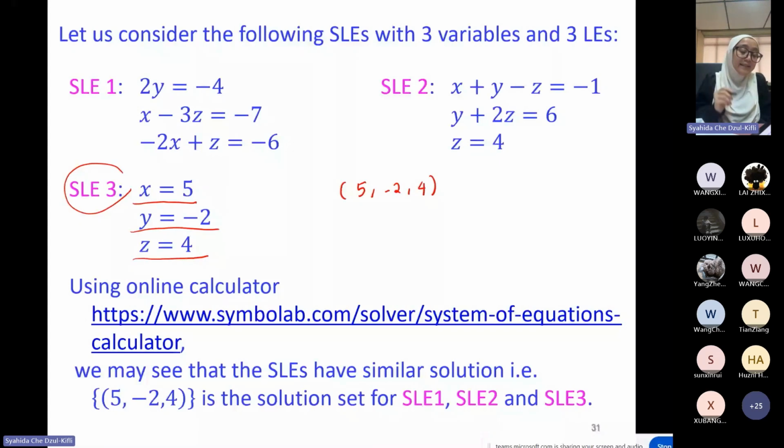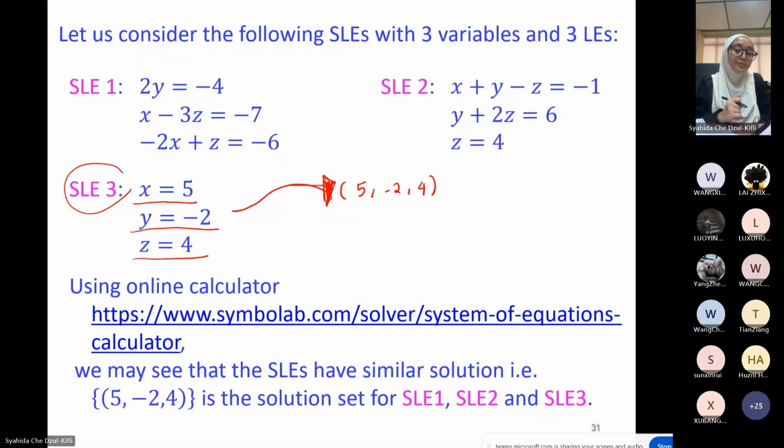Right? So this solution we can get directly from the system of linear equations. We can get the solution for the third system easily. It's quite straightforward.